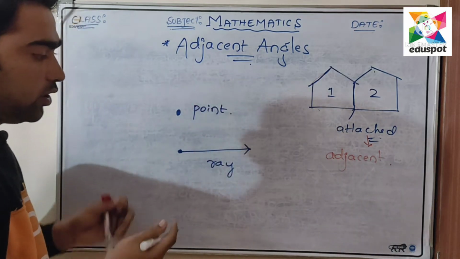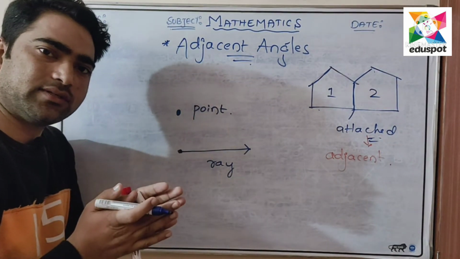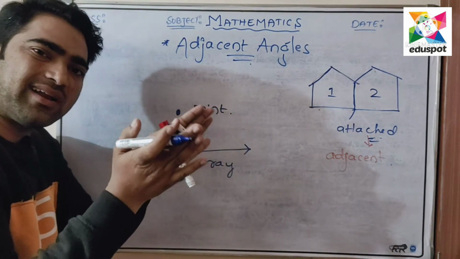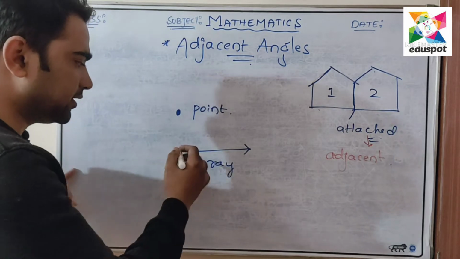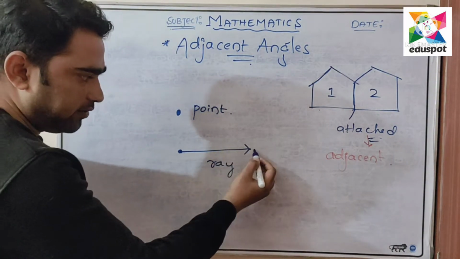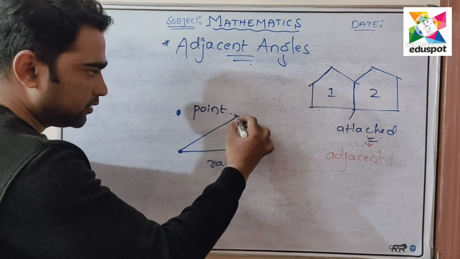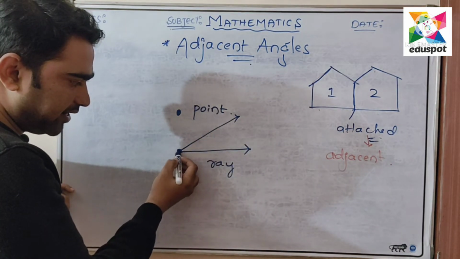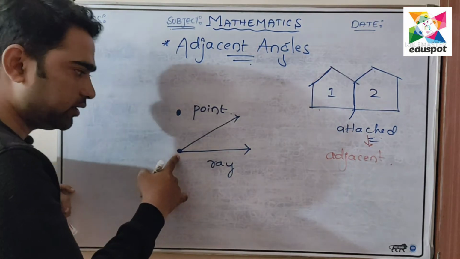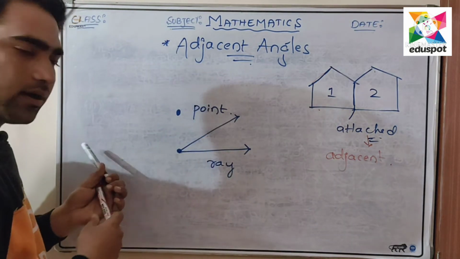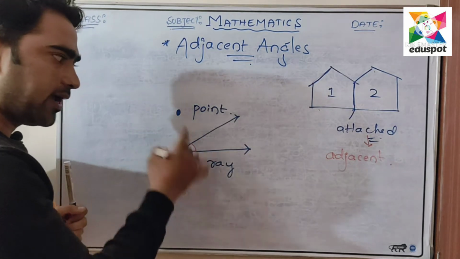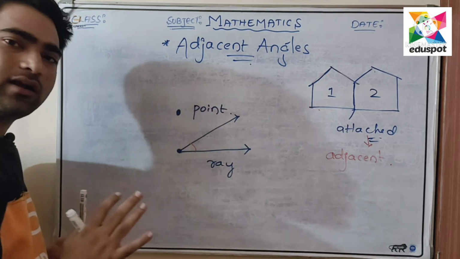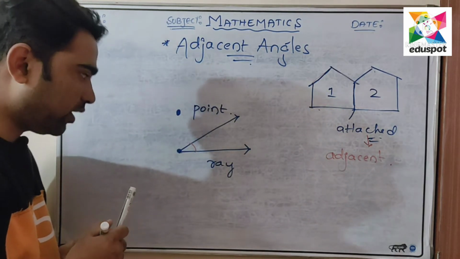Now, dear students, when you take two rays that intersect at a common point, the same point, see, this is ray 1 and one more ray here. Both rays intersect at a common point, so it forms an angle, right? Clear? So point, ray and angle, the basic concepts, I hope you are clear.